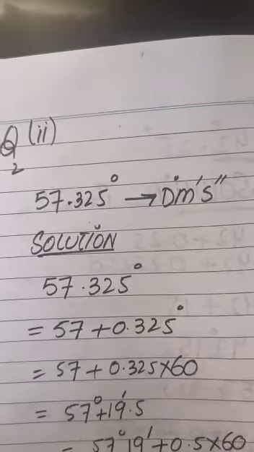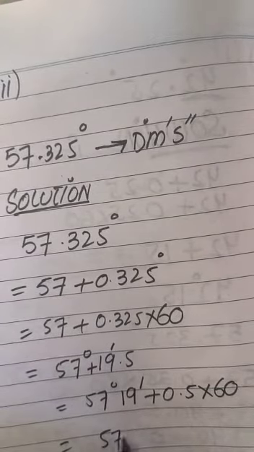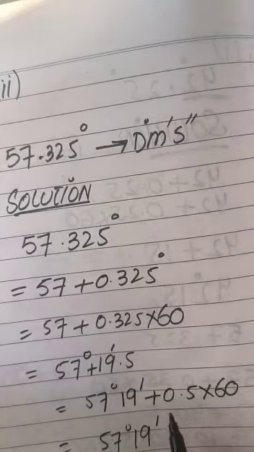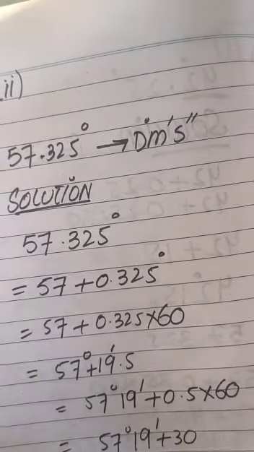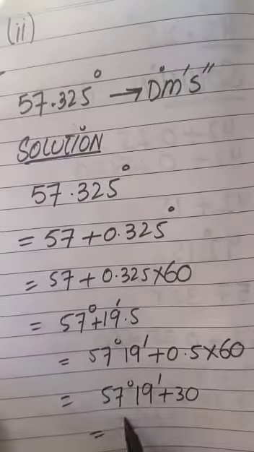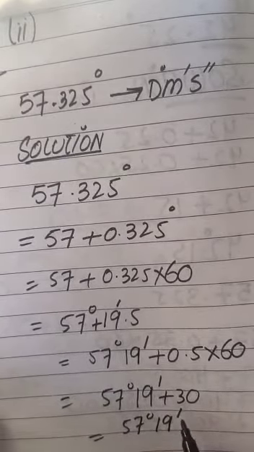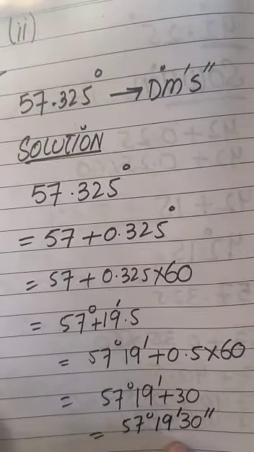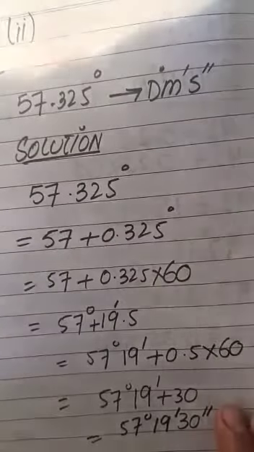So we get 57 degrees, 19 minutes, and when we multiply 0.5 with 60 we get plus 30. So we have converted: 57 degrees, 19 minutes and 30 seconds is the required degrees, minutes and seconds. So this was all about question number 2.